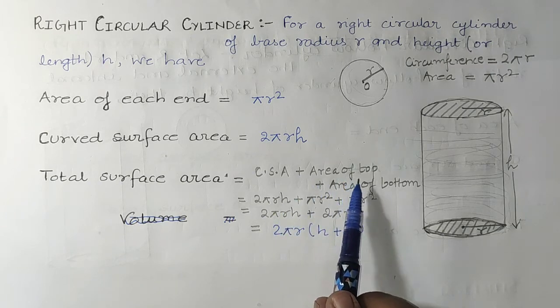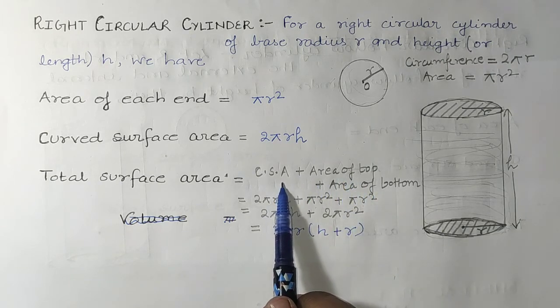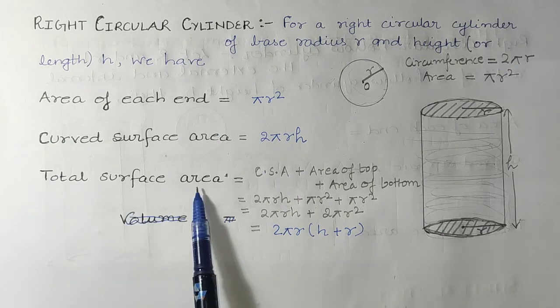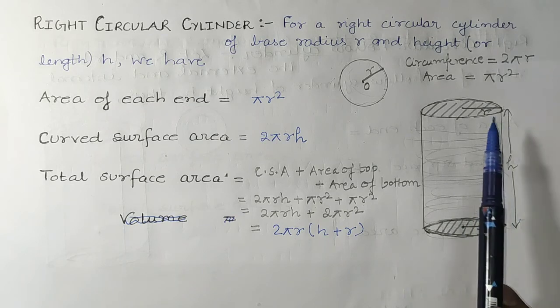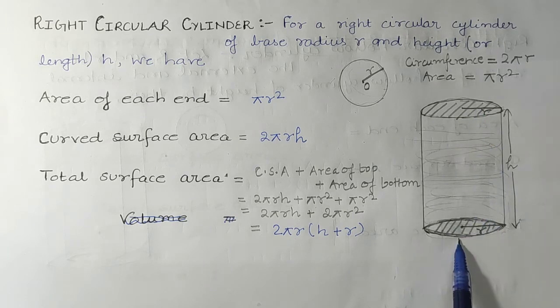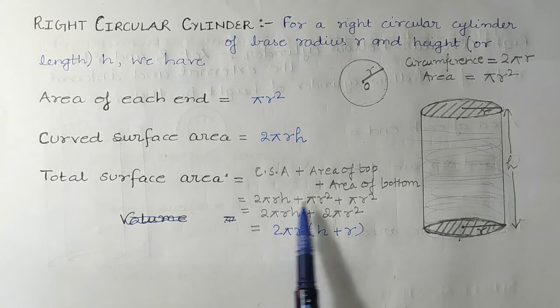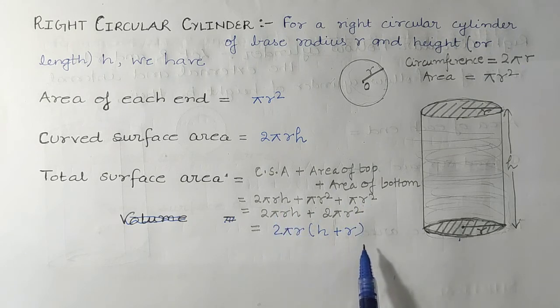By adding the area of top and the area of bottom to the curved surface area. As we all know, in total surface area we include all the surfaces, so here we have included the area of top and bottom in the curved surface area. After solving it we get 2 pi r into h plus r.